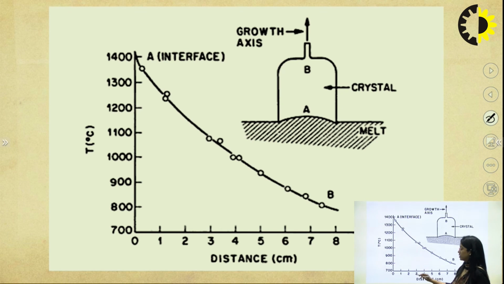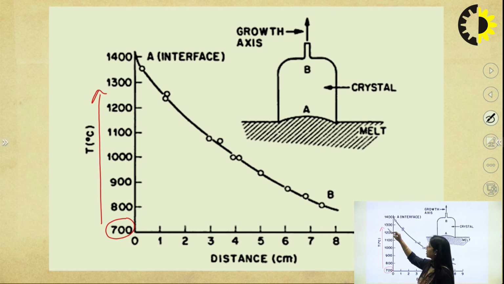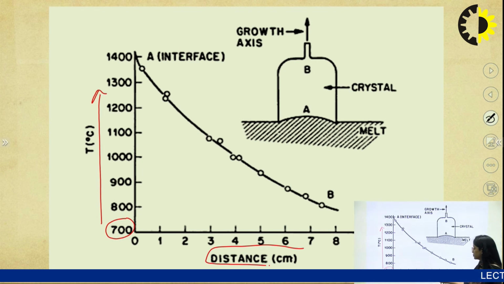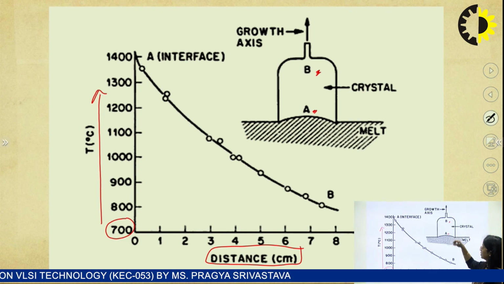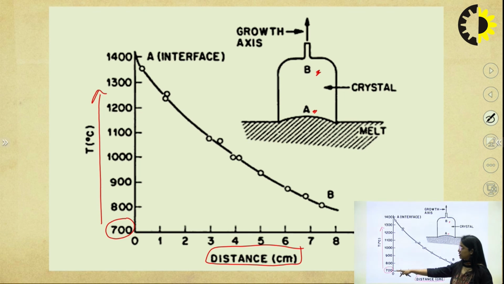We are increasing the temperature from 700 degrees Celsius up to approximately 1500 degrees Celsius, and we can see there is a distance. There is a point A and a point B.